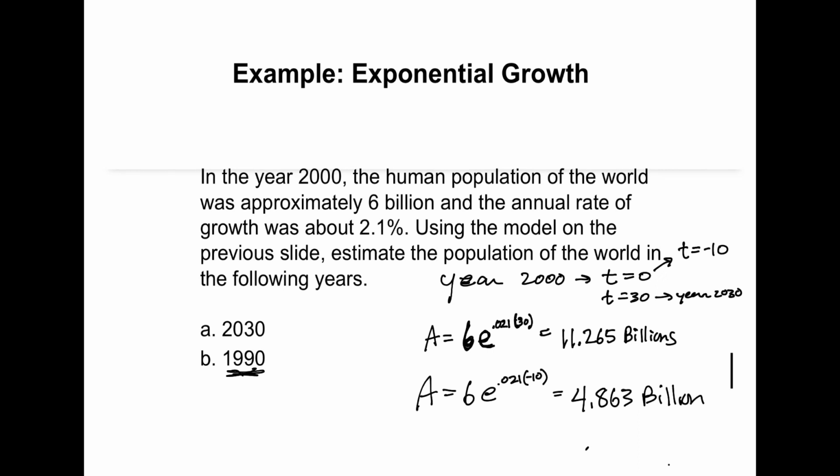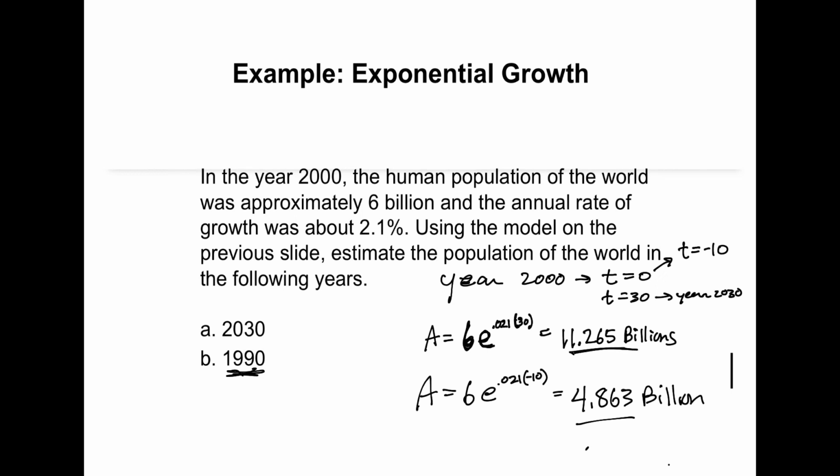So these are just some examples of the power of exponential growth. We can see that just shaving off 10 years took us about 1.2 billion fewer people in the world.